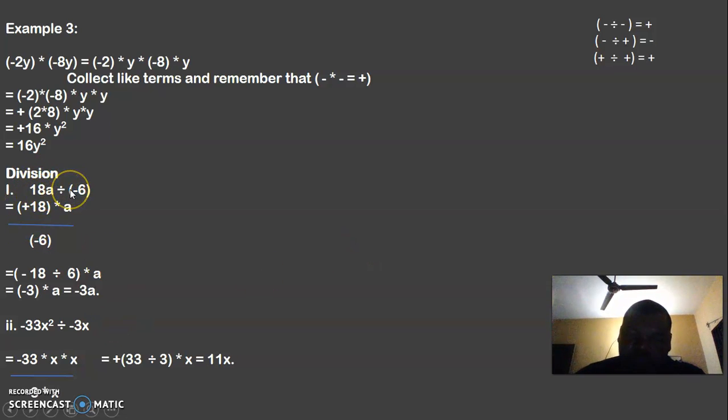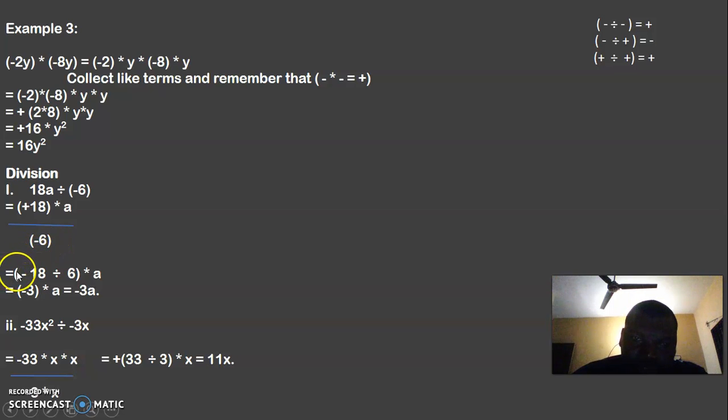18a divided by minus 6. That gives us 18 times a divided by, this line here is division, open bracket, minus 6, close bracket.